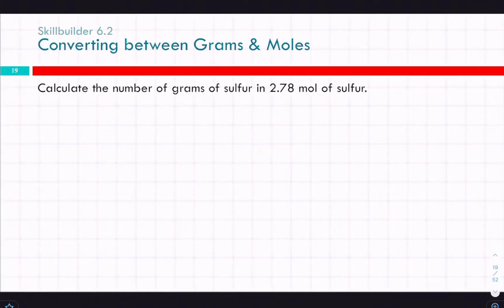All right, let's try another one. So we're going to calculate the number of grams of sulfur in 2.78 moles of sulfur. So start with 2.78 moles.